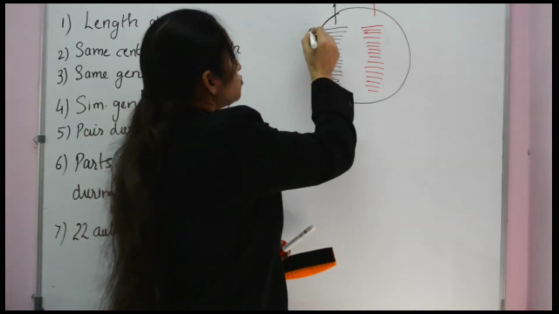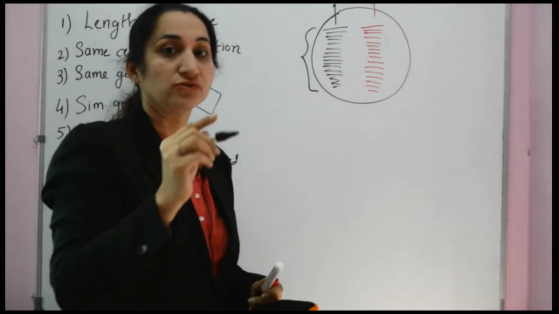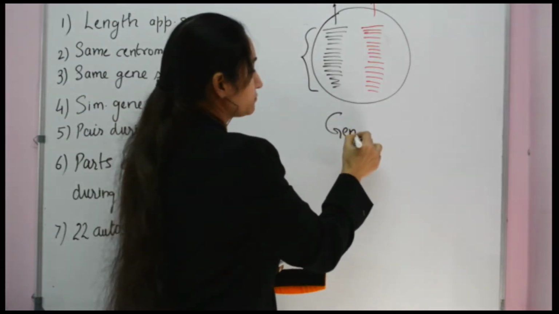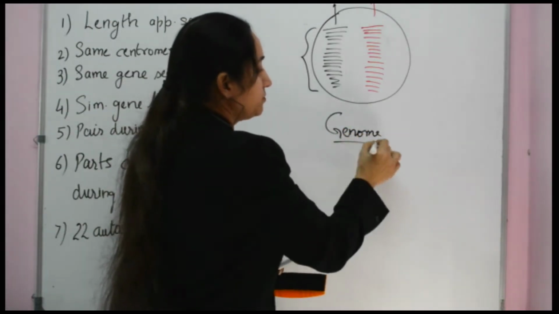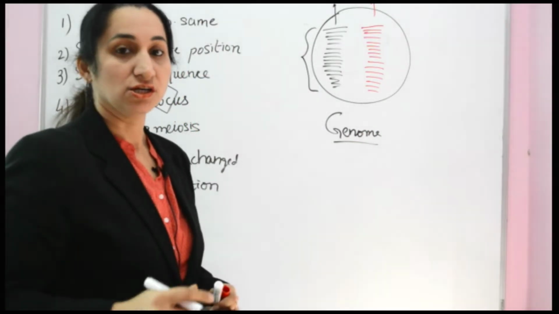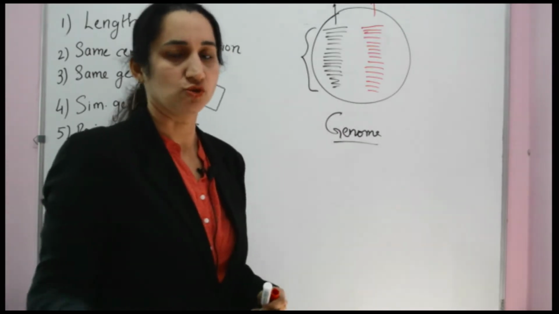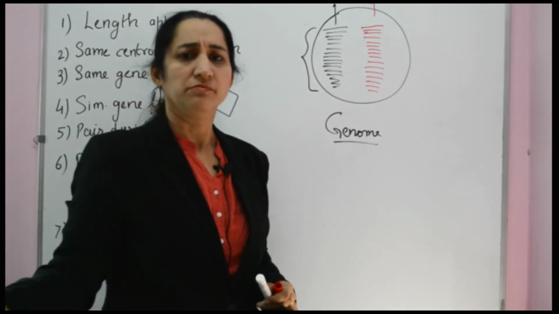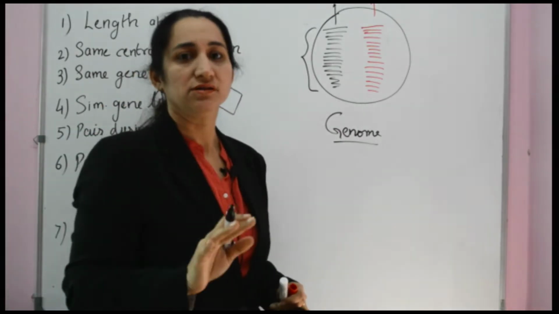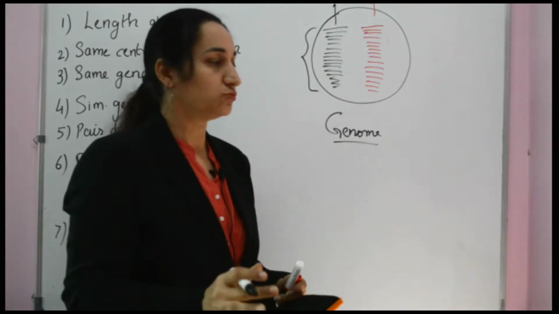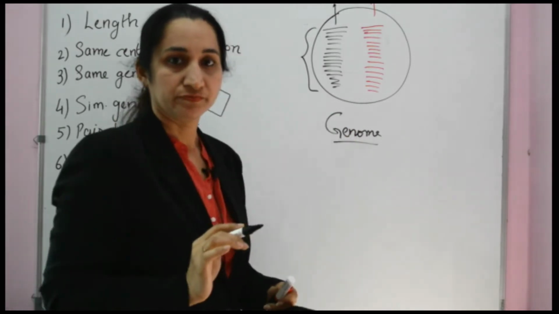Now this set of 23 chromosomes is known as a genome. So it becomes very easy for us to understand what a genome is. It is just one set of 23 chromosomes. Whether it is paternal or maternal doesn't matter, but if there is a set of 23 chromosomes, it is a genome.